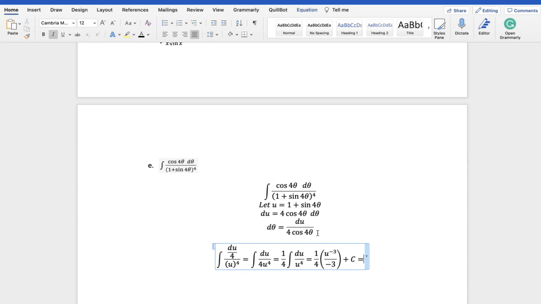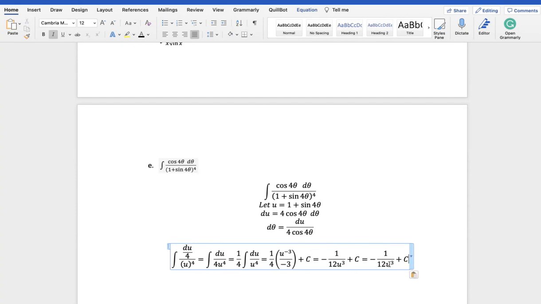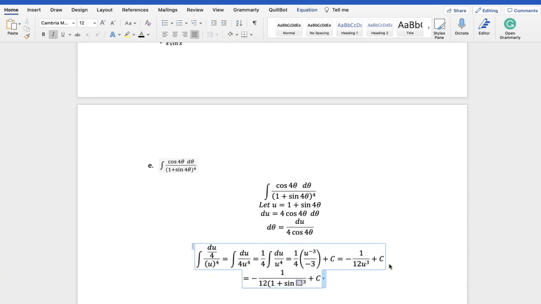So then this can be simplified to be -1/12u cubed plus c, which, putting back in the substitution that you used, is just equal to -1/12 times (1 plus sine 4 theta) cubed plus c.